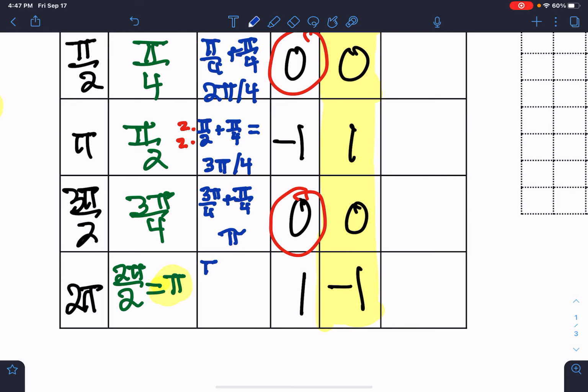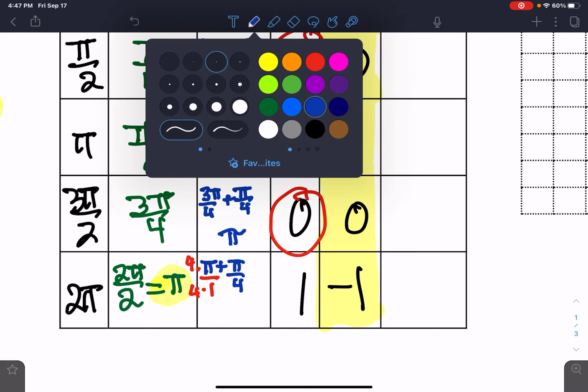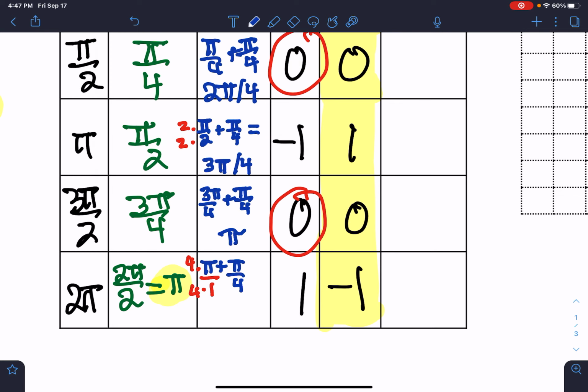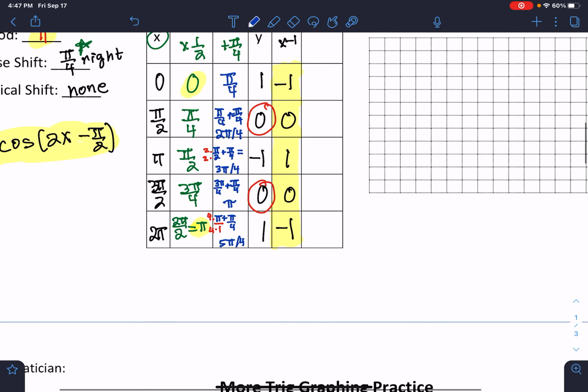And then we have pi plus pi over 4, which if we made this over 1 and multiplied by 4 and 4, we will have 4 pi over 4 plus pi over 4, which is 5 pi over 4. So I'm going to highlight all my new x values: pi over 4, 2 pi over 4, 3 pi over 4, pi, and 5 pi over 4. Everything just got shifted to the right, pi over 4.